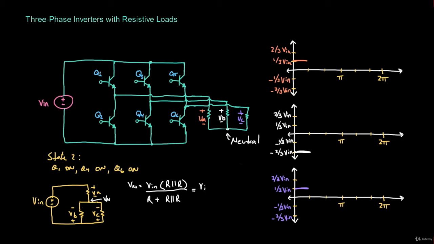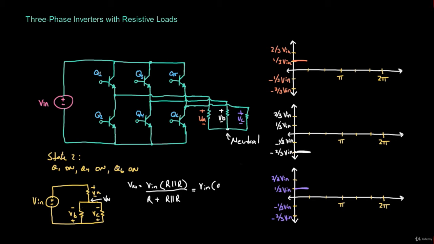So this will be equal to Vn times, and again, remember that if two resistors are equal to each other and they're connected in parallel, then the equivalent resistance of the parallel combination is going to be equal to half of those resistors.